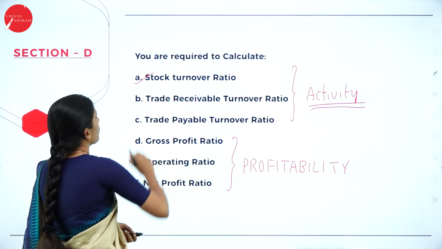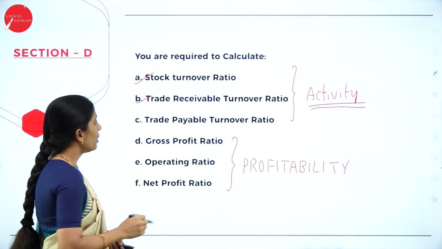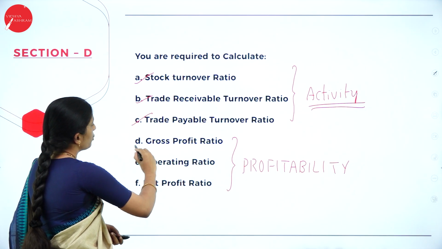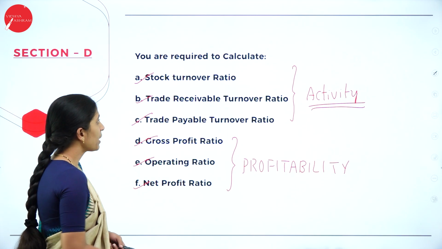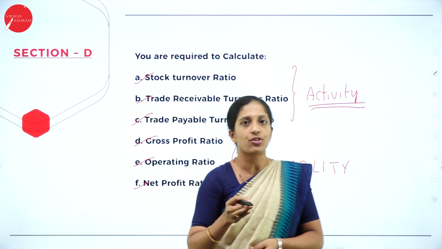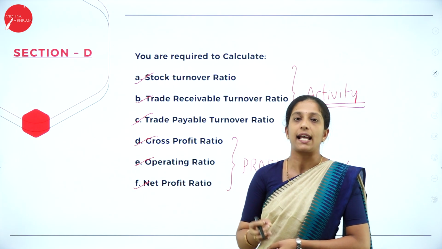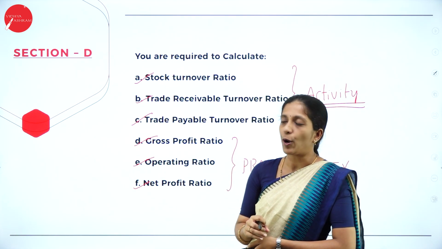First, stock turnover ratio, next trade receivable turnover ratio, next trade payable turnover ratio, gross profit ratio, operating ratio as well as net profit ratio. This carries 12 marks, where each ratio calculation carries 2 marks, so that it will be overall a 12 marks problem.